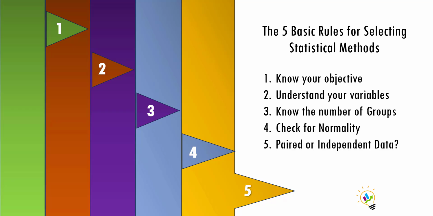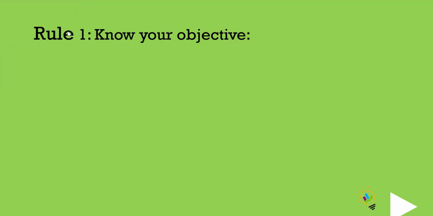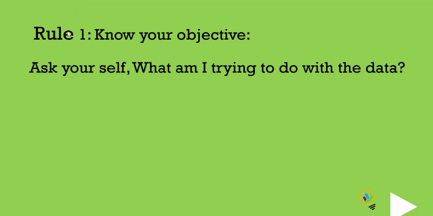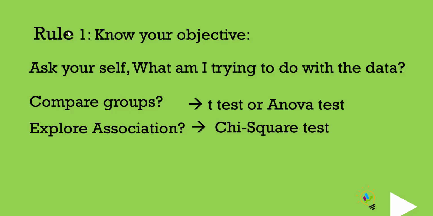The first rule is know your objective. Know your objective means before we start the analysis, we need to know what we want to do. For example, we want to compare between the groups. For comparing, we need to use a t-test or ANOVA test. For exploring the association between the variables, we are going to use chi-square test.